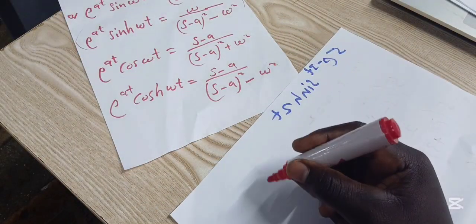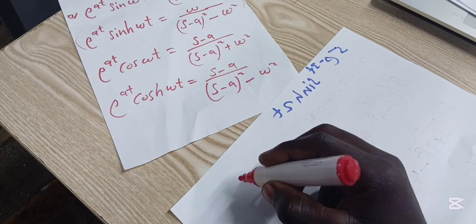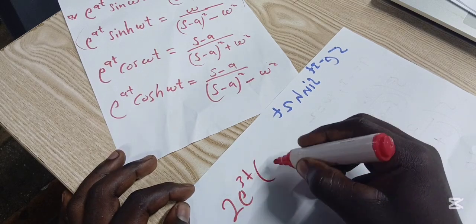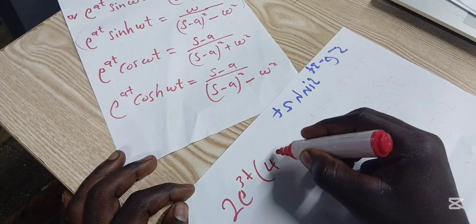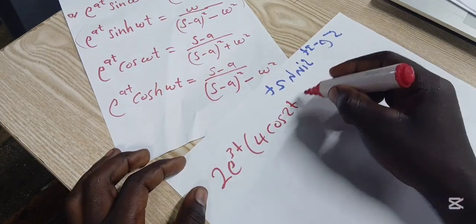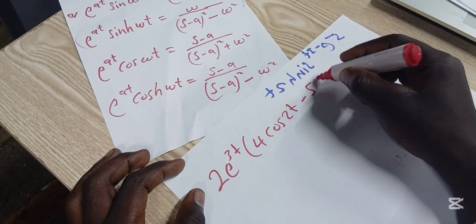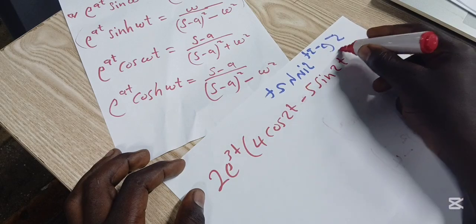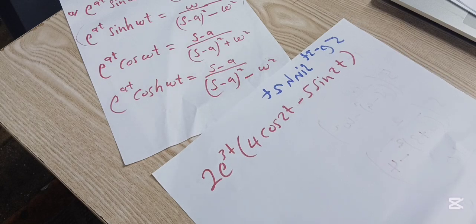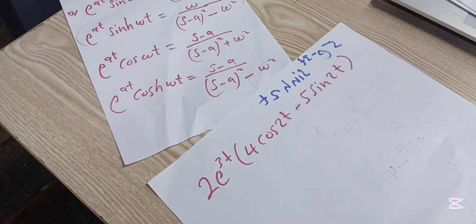So lastly, find the Laplace transform of 2e to the power 3t into bracket 4 cos 2t minus 5 sine 2t. So how do we solve this? It will be better if we expand the bracket.